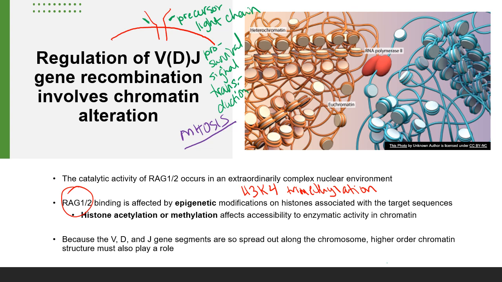Then you go back and you do light chain recombination. If your light chain is successful, it will actually replace your surrogate light chain, the placeholder light chain, or the precursor light chain that had existed before, to make a complete mature B cell receptor.